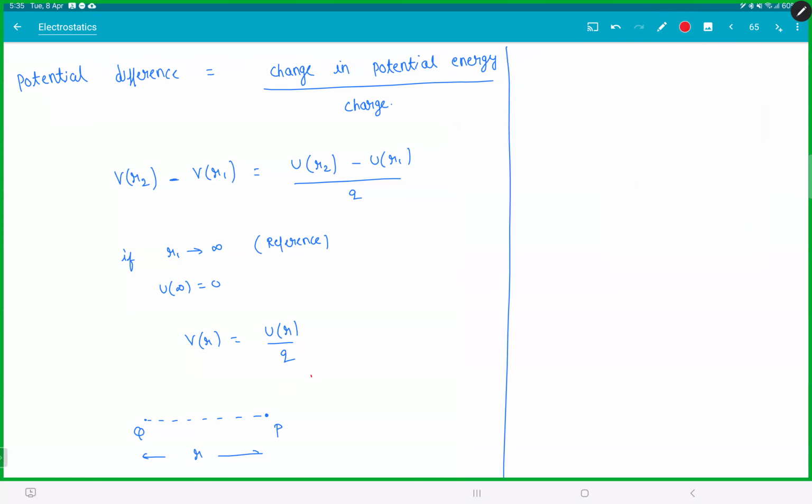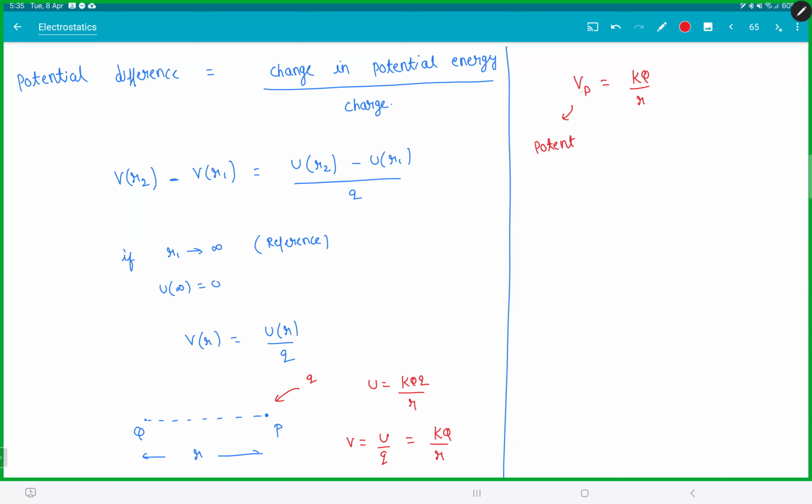If you bring a small charge q from infinity to here, we get the potential energy of the system as kQq by R. So from the potential definition, it is U by small q. We get kQ by R. So the potential at point P is given by kQ by R.